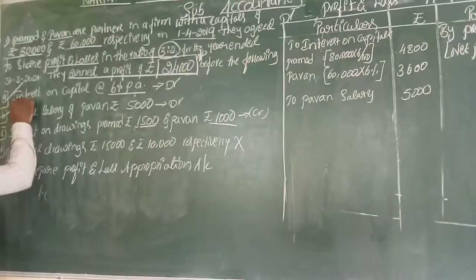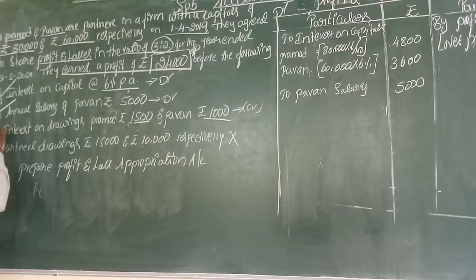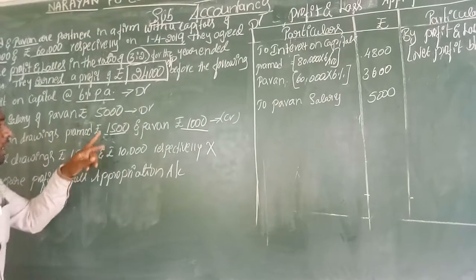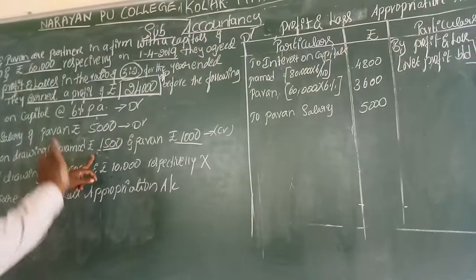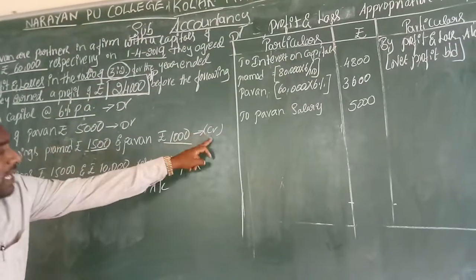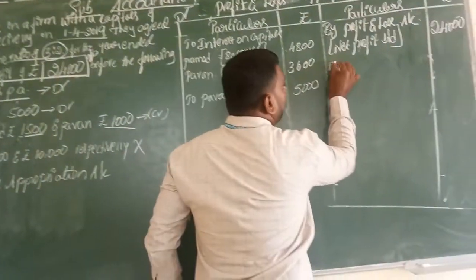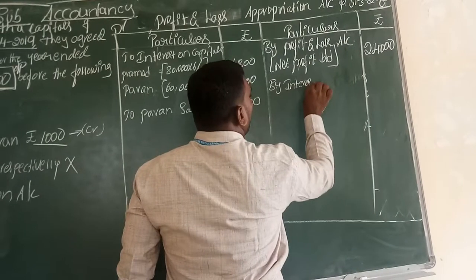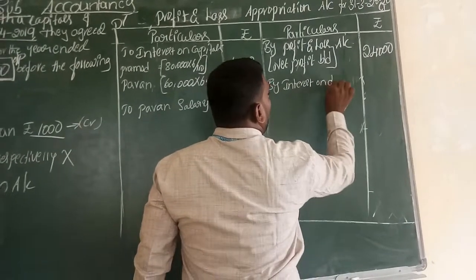So that is completed. Adjustment number 3, what it will say is interest on drawings. Pramod drawings, Pawan drawings they are given. So for drawings, the interest we consider on the right hand side, so it will come to the credit side: by interest on drawings.